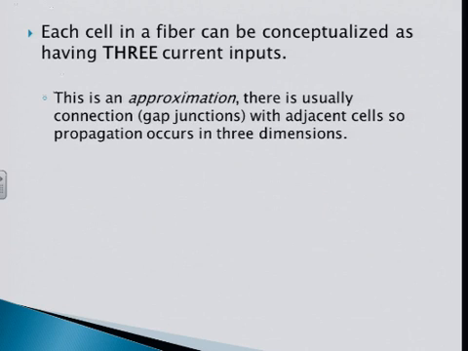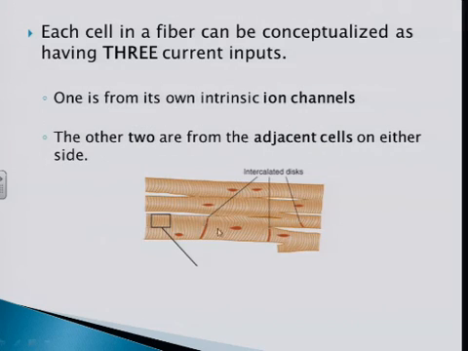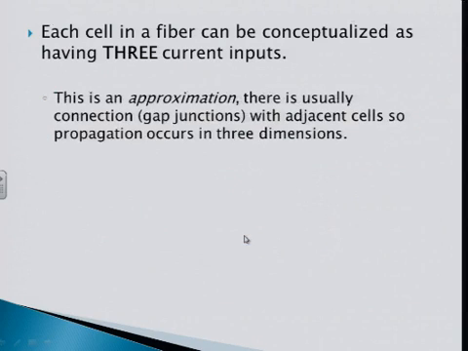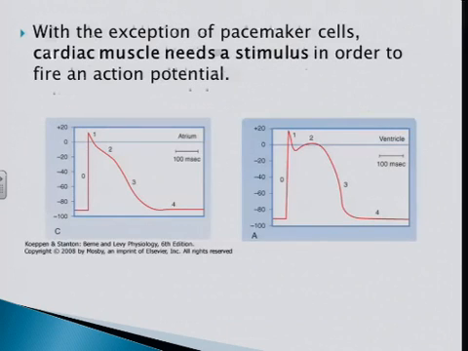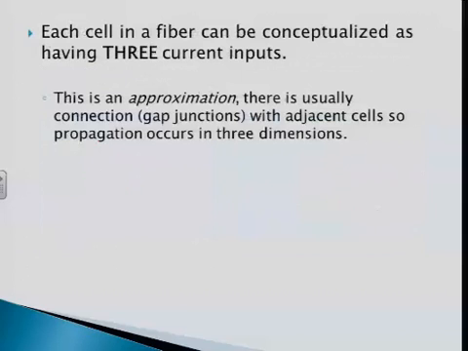There are usually gap junctions with adjacent cells. You have Y-type shapes, you have various other things. It's an approximation. So propagation, in fact, is not occurring just in one direction. One direction is easiest to conceptualize, but it actually is occurring in 3 dimensions, in X, Y, and Z directions, because your gap junctions are a little bit more distributed than this approximation.